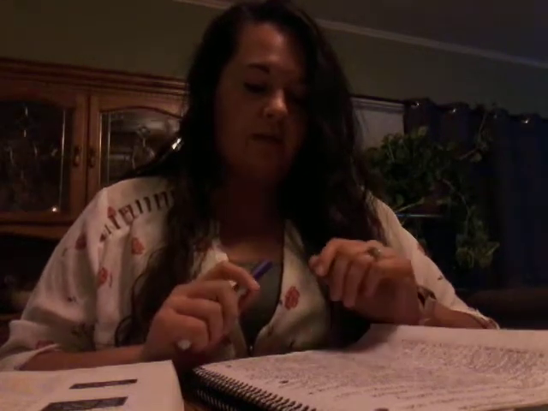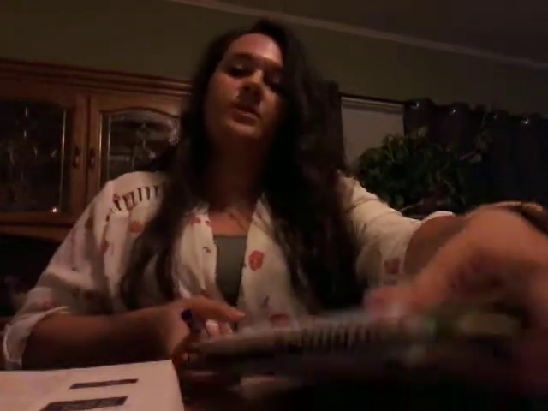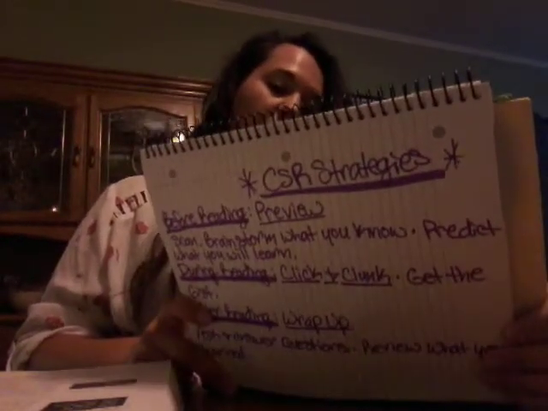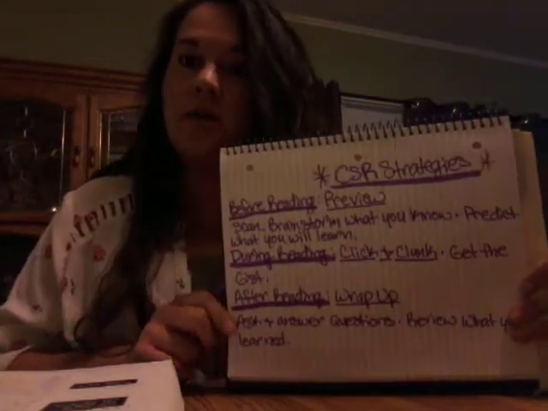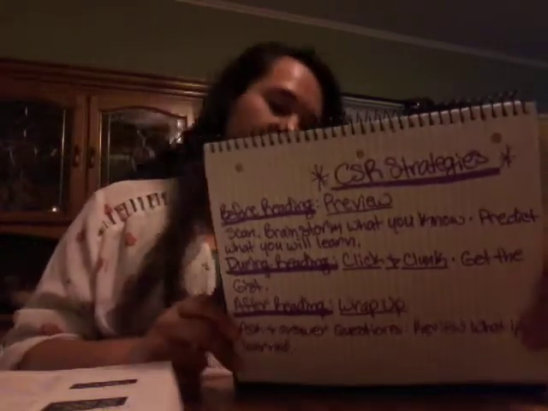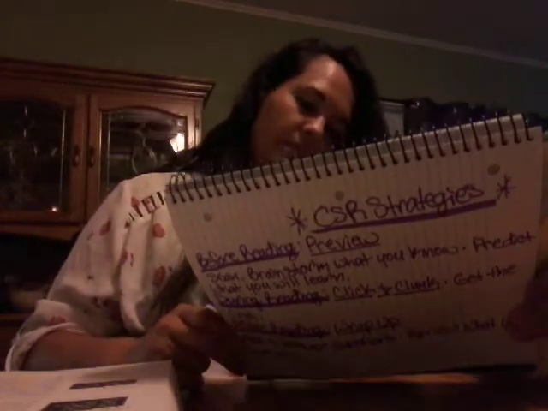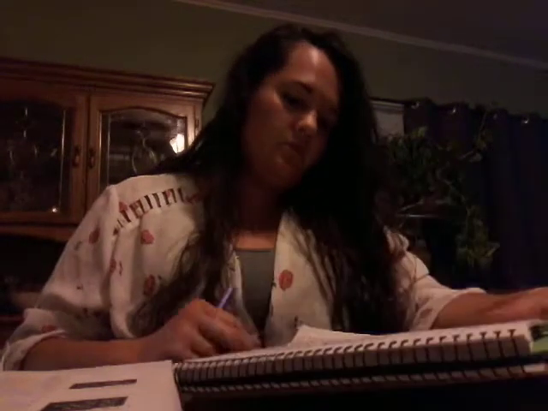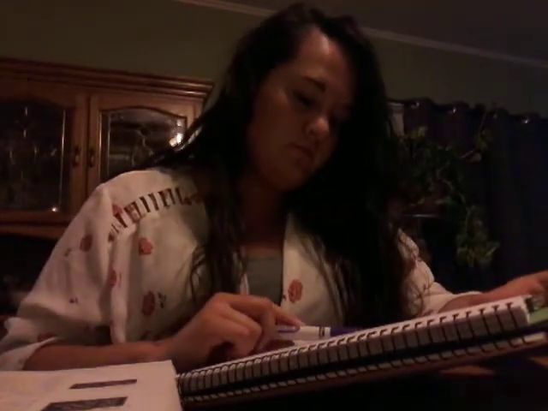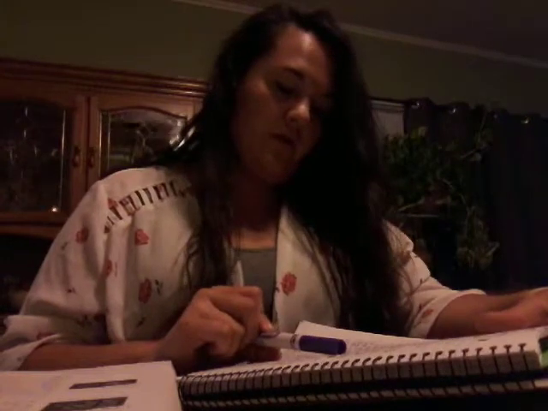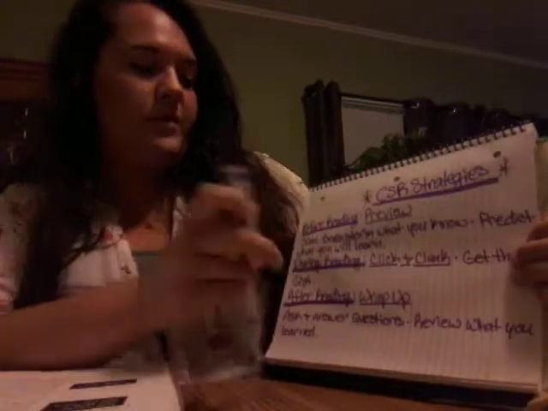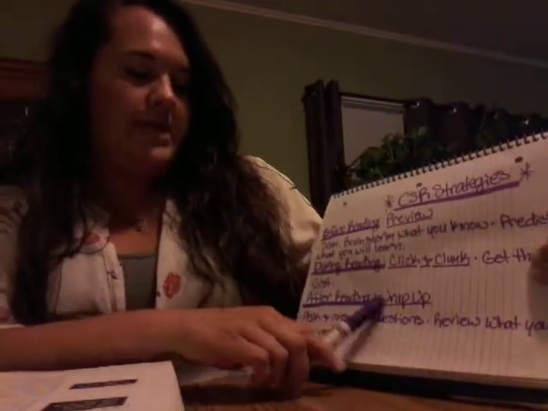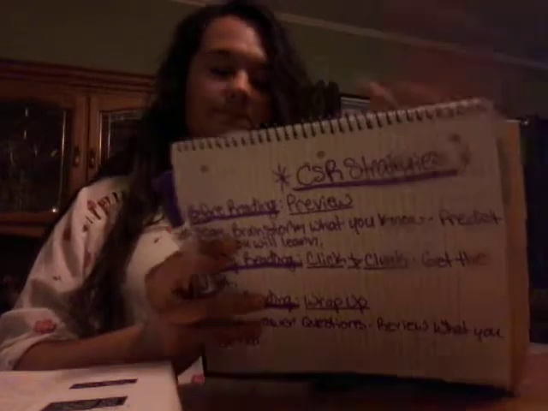So, we went over the 4 main strategies, and these are what's going to help you understand and learn during the reading of our text. Again, it's preview, click and clunk, and the wrap up. The 4 things.